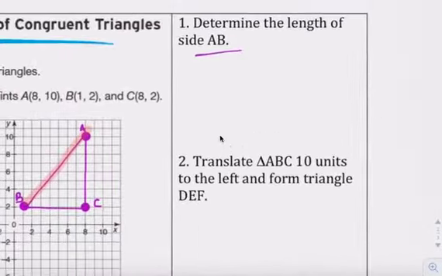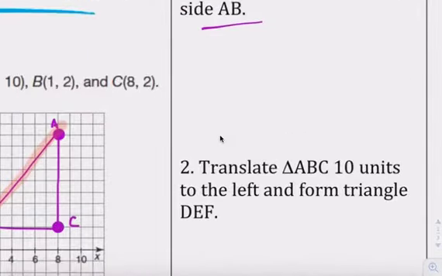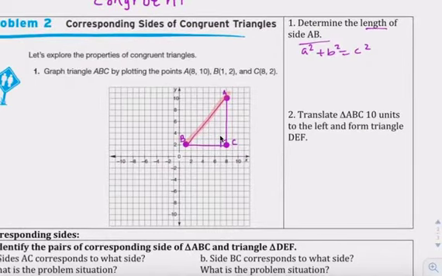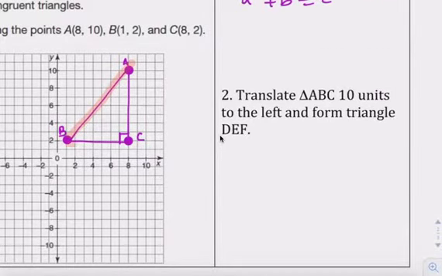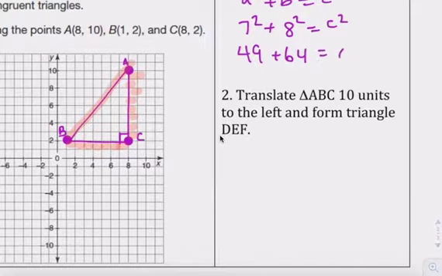When you see the word length and it's a right triangle, like right here, you use a squared plus b squared equals c squared. I'm going to have you finish that. You count the squares, if you've forgotten. 1, 2, 3, 4, 5, 6, 7. 7 squared plus 1, 2, 3, 4, 5, 6, 7, 8. 8 squared equals c squared. 49 plus 64 equals c squared.